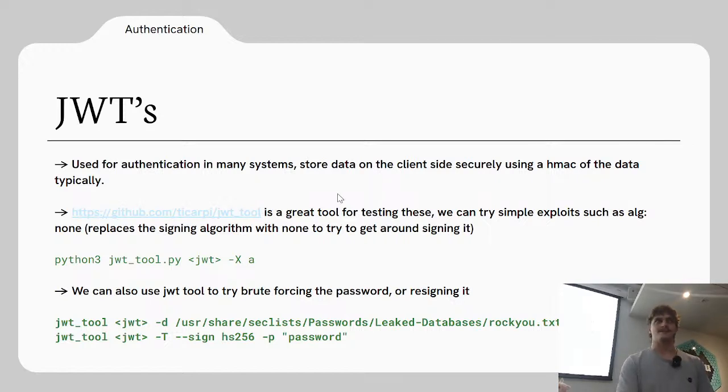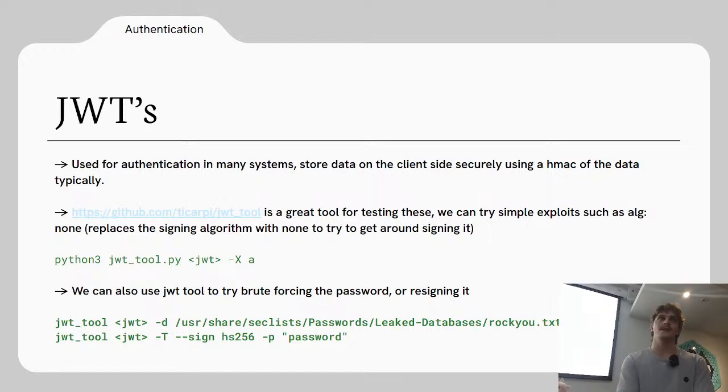Obviously, sometimes they mess this up, and the main ways we exploit that is by trying to crack the signing token they used for the JWTs, as you might have seen in some of your CTF challenges. The other way we can get around this restriction is by trying other exploits that sometimes work on JWTs. A common JWT exploit is the none algorithm exploit.